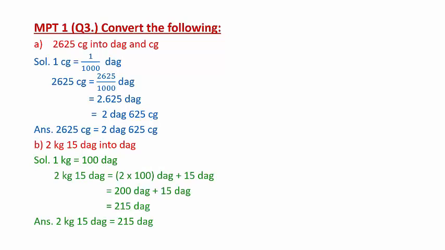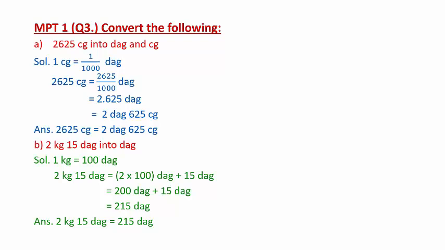So converting 2 kilogram into decagram and adding 15 decagram to that, that will give you 2 into 100 decagram. 2 kg we have converted here into decagram, that is 2 into 100 decagram. And since 15 decagram was already in decagram unit, we will simply add it, plus 15 decagram.